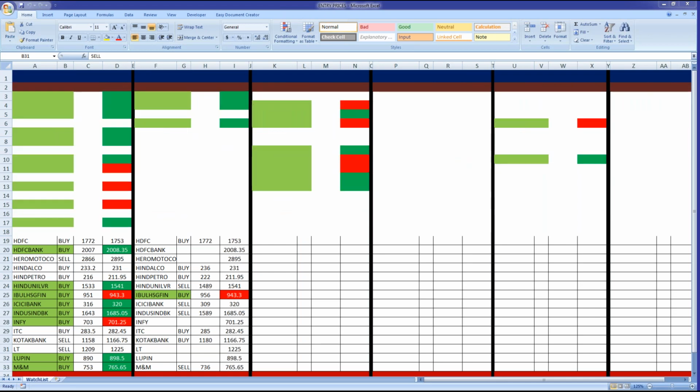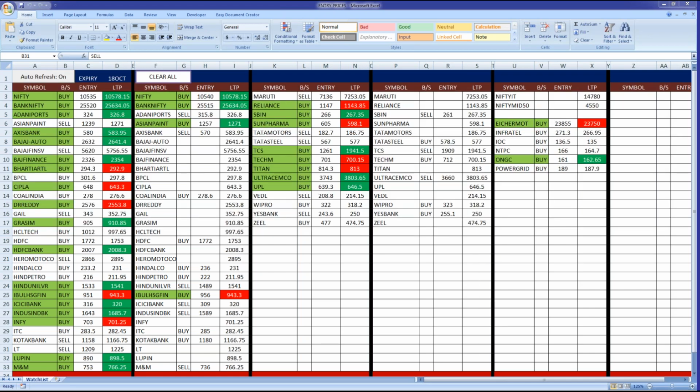The buy call is at 1233. So that is my entry. What I'll do is type here buy 1233. As soon as it triggers 1233, it will go into green, and then you can enter into a particular trade.